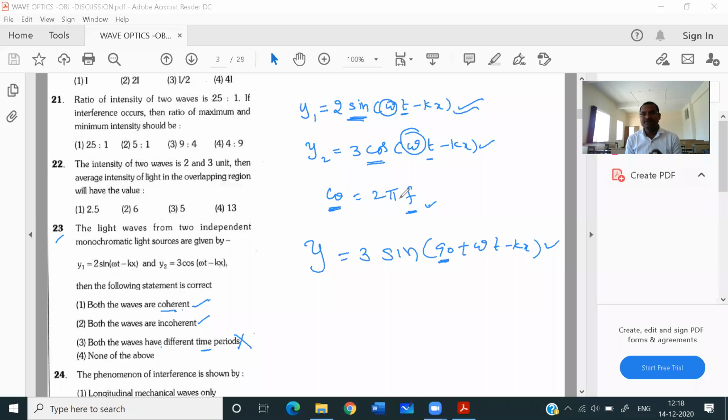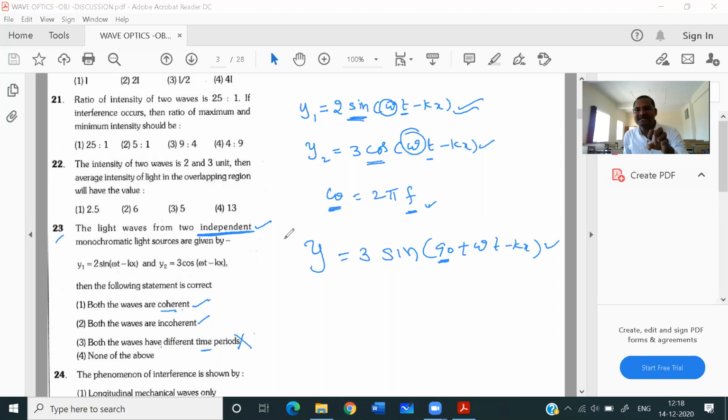So for that you need to read the question clearly. The question says light waves from two independent sources. See here, independent sources are given. Two independent sources can never be coherent because they can send light of different frequencies.